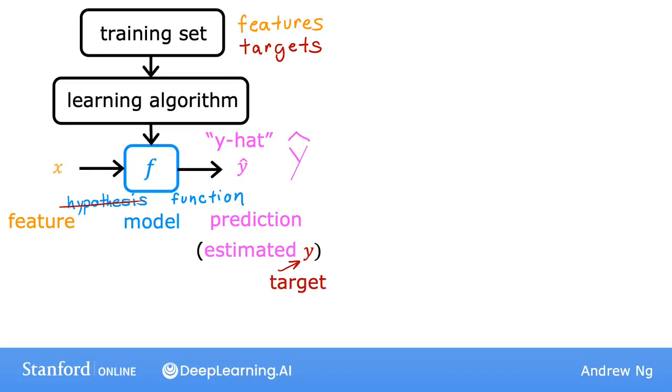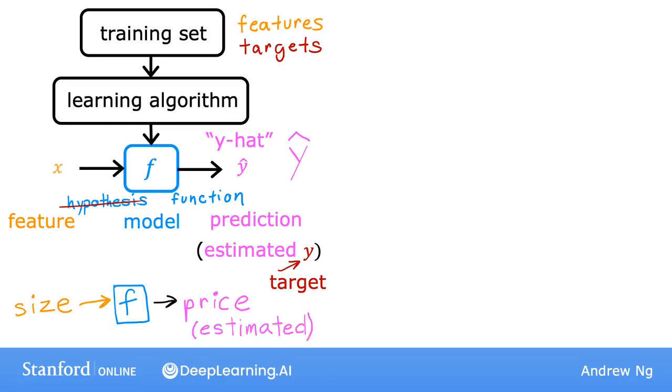In contrast, y hat is an estimate. It may or may not be the actual true value. If you're helping your client to sell their house, the true price of the house is unknown until they sell it. So your model f, given the size, outputs a price which is the estimate, that is the prediction, of what the true price will be.